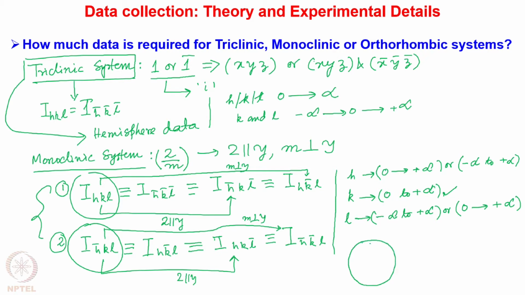Which means we are only trying to collect 1/4 of the sphere, which I am going to mark now. This is a full sphere. 1/4 would mean that one of these indices is running from minus to plus, this index is running from 0 to plus, and this index is running from 0 to plus.